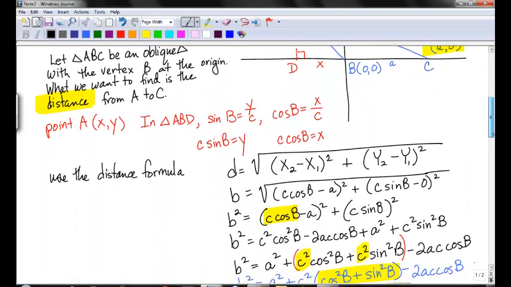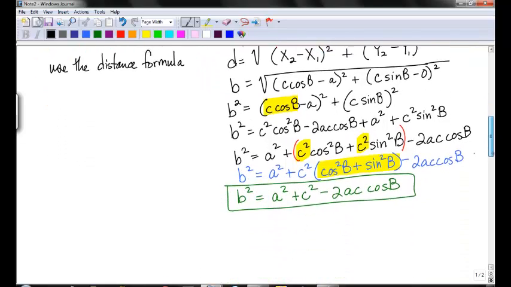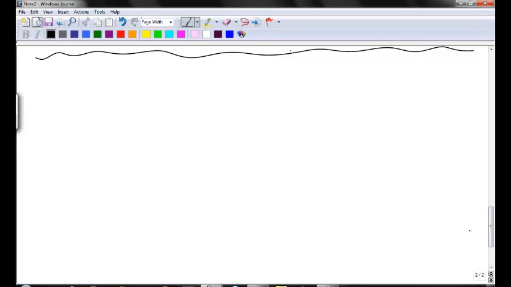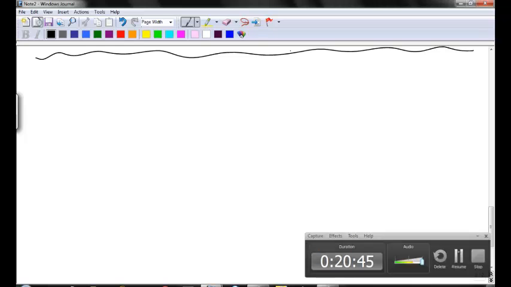So that's when you're doing law of cosines, and if they give you three sides, you find the angle opposite the longest side using the law of cosines. So add these.